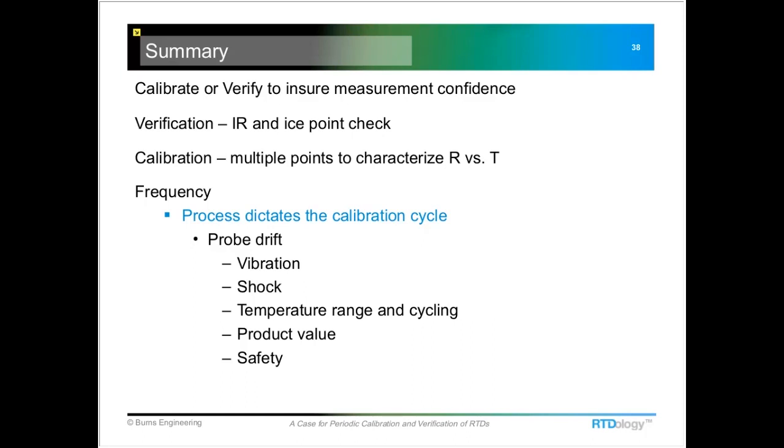And then another good factor to help determine frequency would be the product value. So if you have a batch process with a high value product, you might want to do at a minimum a verification before and after. And if you really want to know what's going on, do a full calibration before and after.